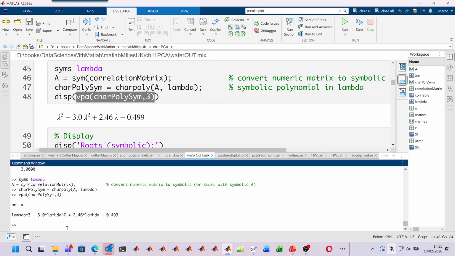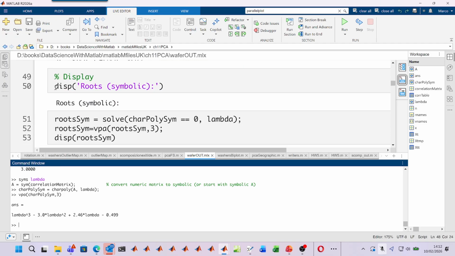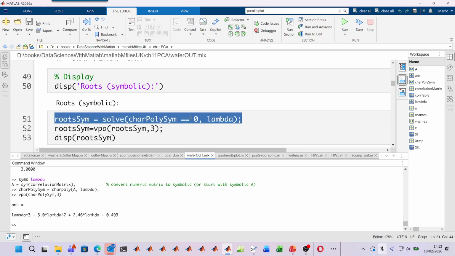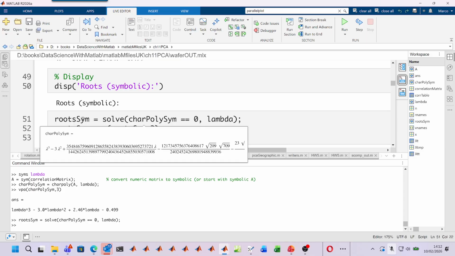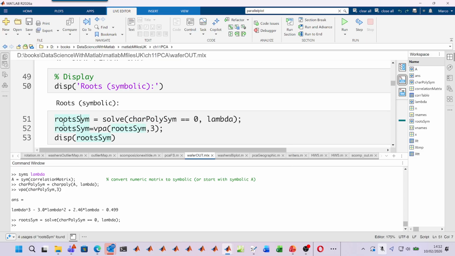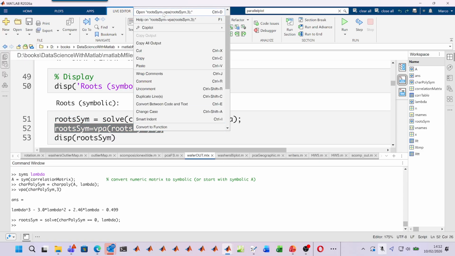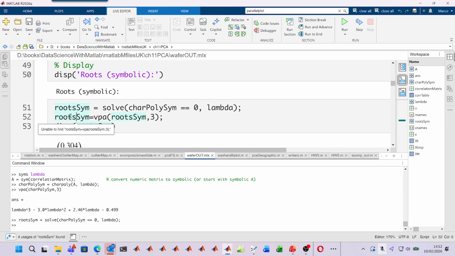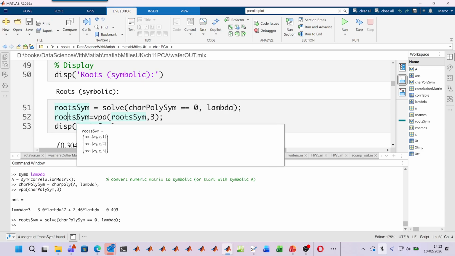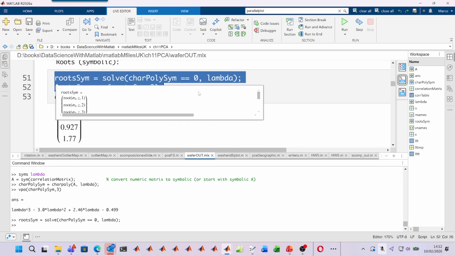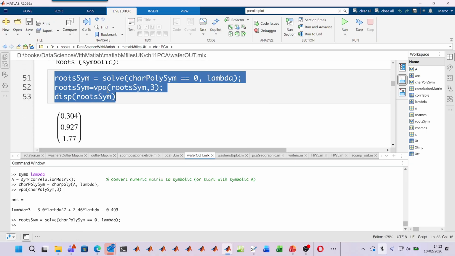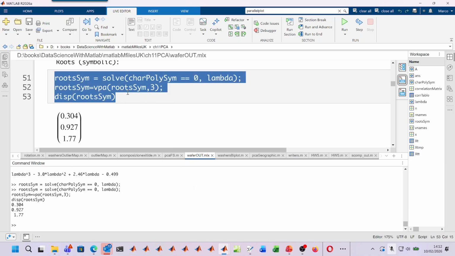So you write in a much easier, much more understandable way. And then you solve, and then you find the roots. With VPA you also control the output. Roots.